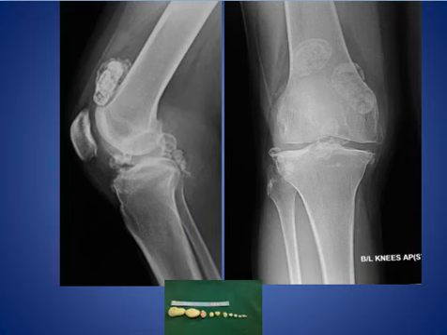Here, this patient with osteoarthritis, and we see multiple loose bodies and synovial chondromatosis, multiple loose bodies involving the knee joint, and with also meniscal calcification here. And these are the loose bodies taken after the operation.